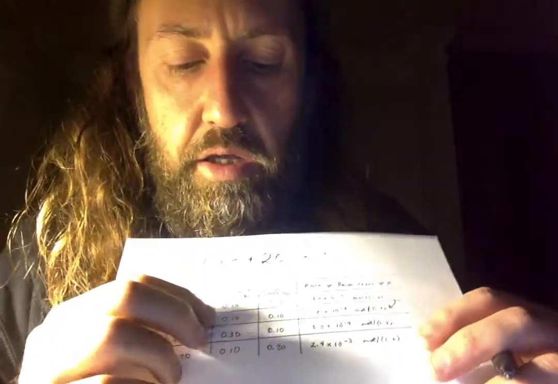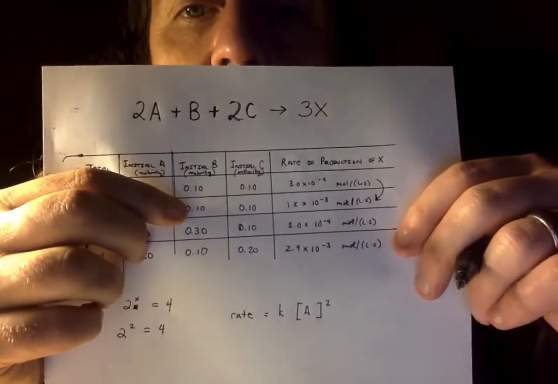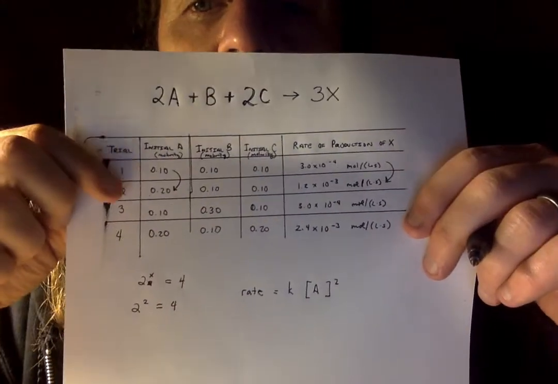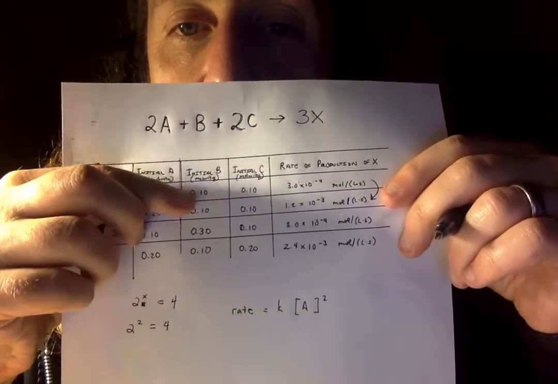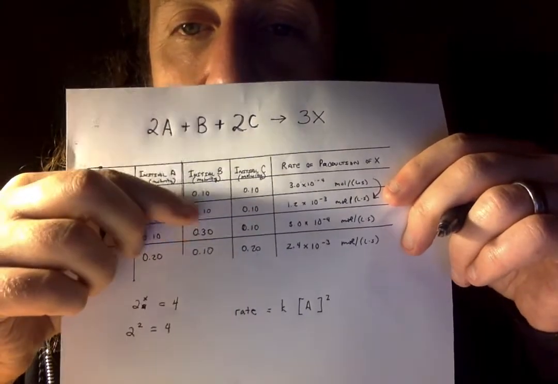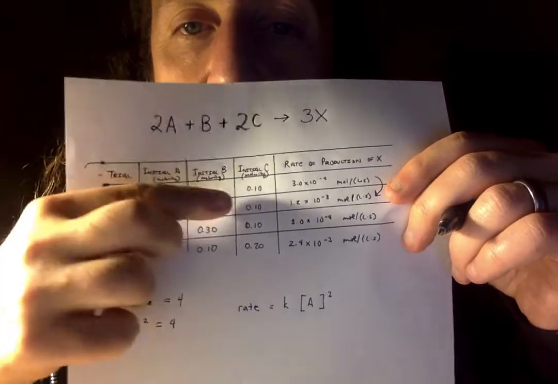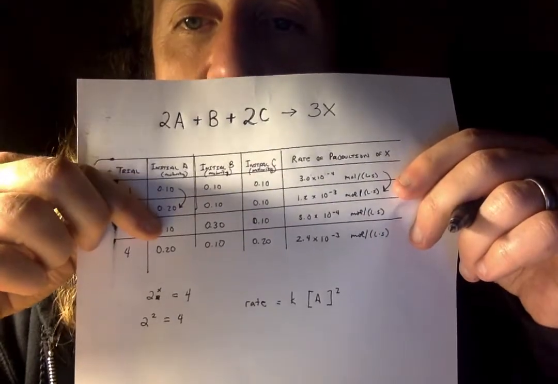Now, I'm looking at B. So I would like to show you here, you can't use 2 and 3, okay? It seems like, oh, that is 3 times, that doesn't change, but look, that does change.